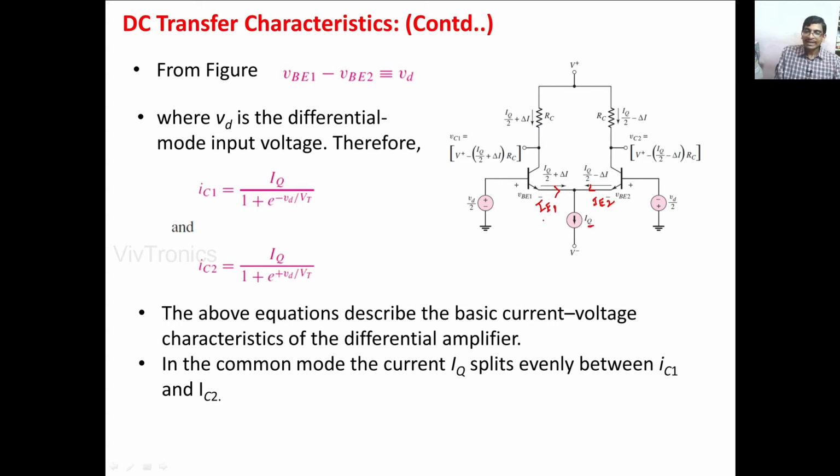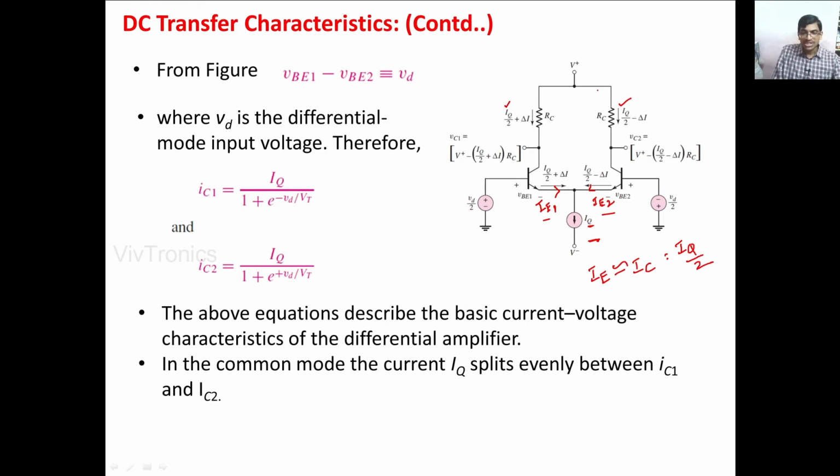So here IE1 is equal to IE2, which will be equal to IQ by 2. Okay, and we know that IE is approximately equal to the IC current, therefore IC will be equal to what? IQ by 2, because IE1 is equal to IE2. So here we have mentioned IQ by 2 and IQ by 2, which are the DC quiescent collector currents of the transistors.